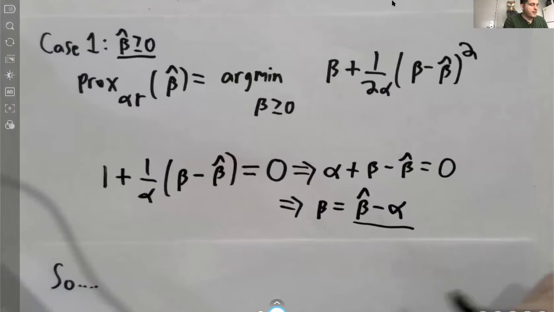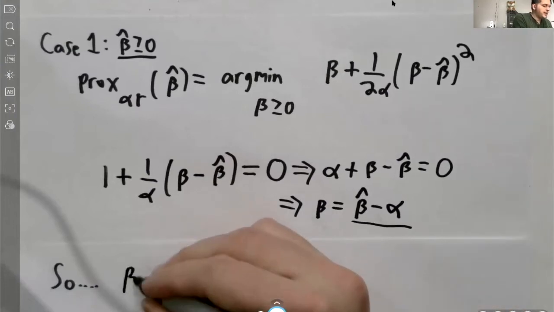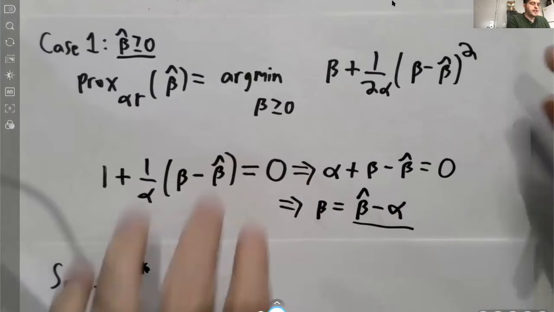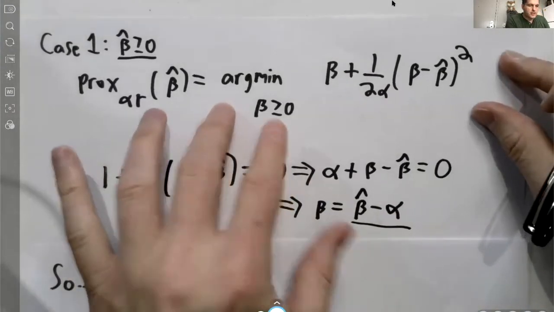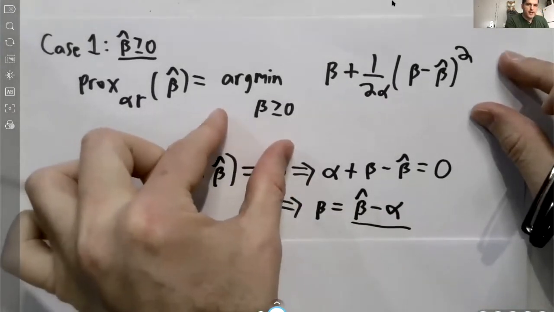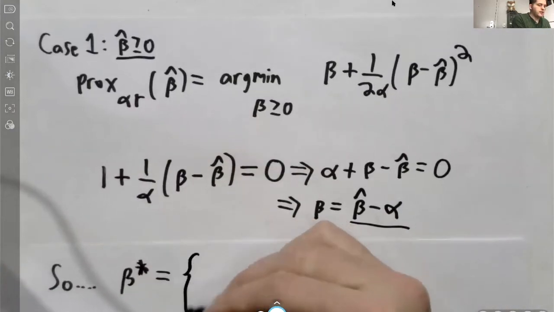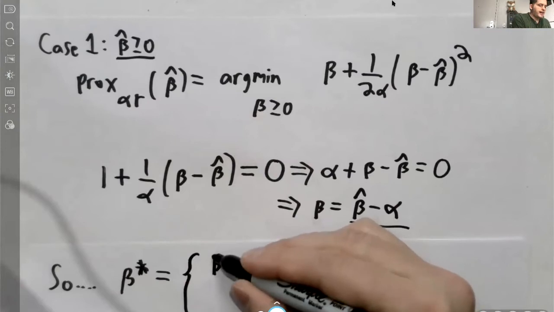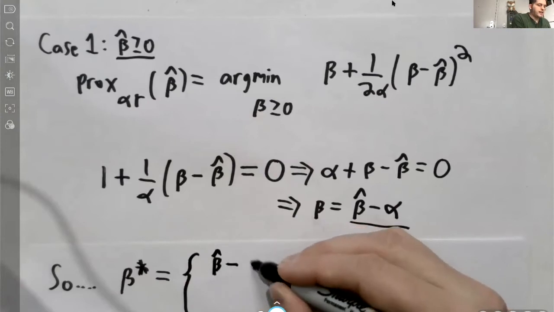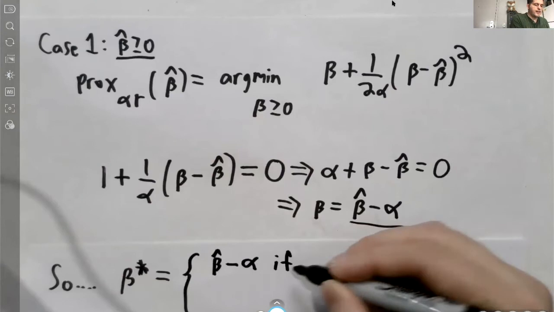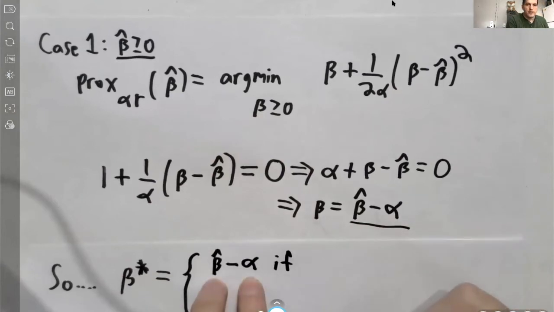So let's put these pieces together. What we've discovered is that if beta star is the minimizer for this optimization problem that we want to solve, then beta star is equal to beta hat minus alpha if beta hat minus alpha is non-negative.